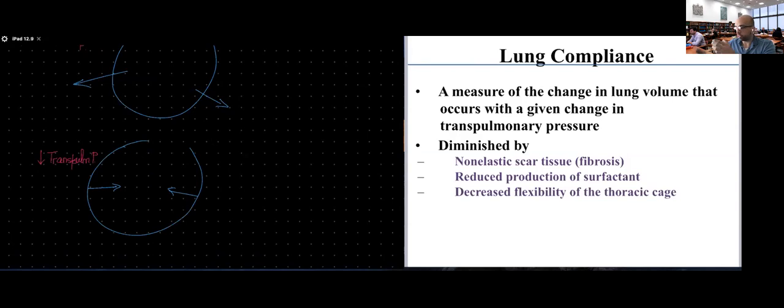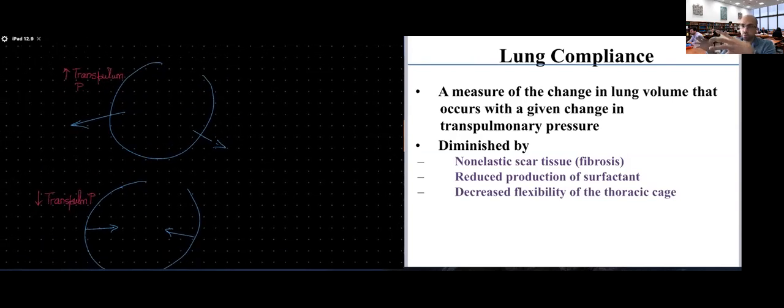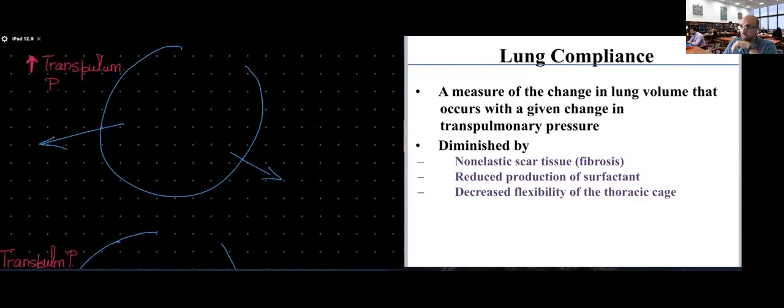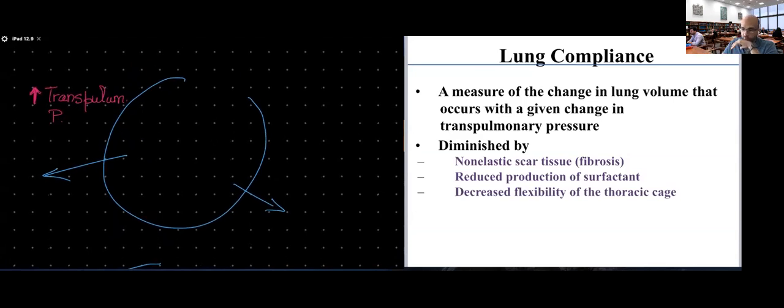So transpulmonary pressure is the pressure that determines how big the lungs will be. If I increase this pressure, the effective pressure that keeps my lungs inflated, the lungs should follow and expand. If I'm reducing the transpulmonary pressure, the lungs should follow and reduce their size. Creating this variation in the volume of the lungs is what allows you to move the air in and out, if you remember.